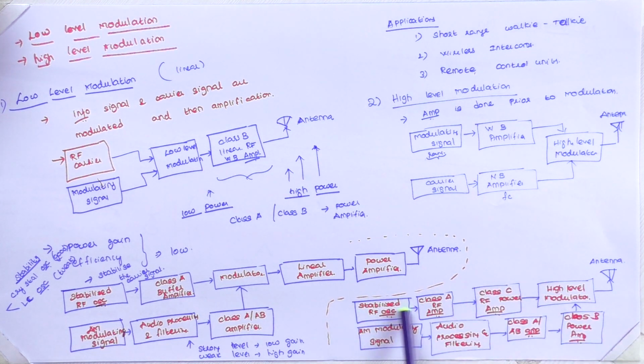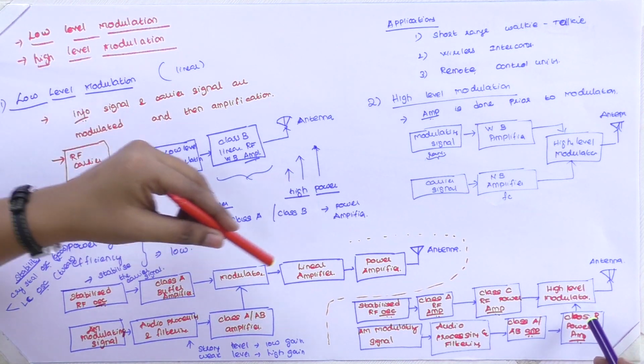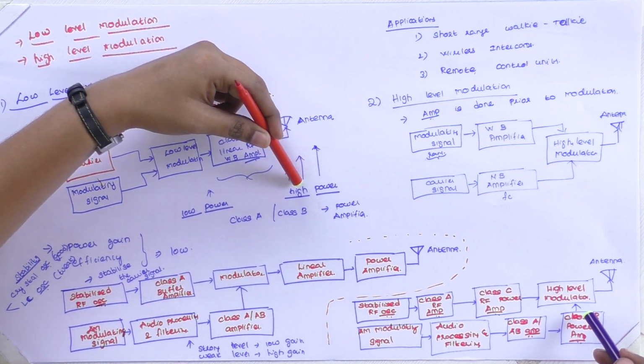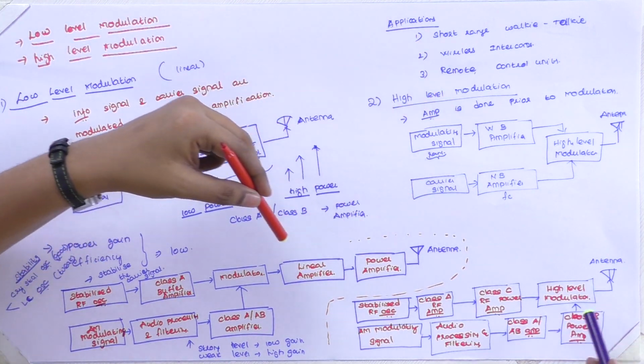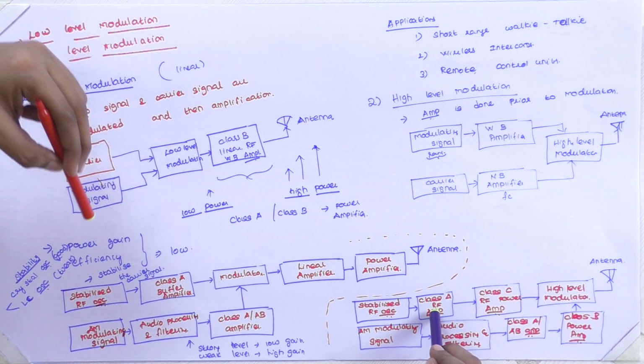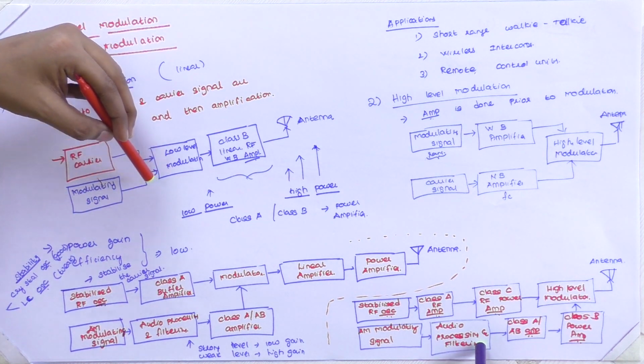Both the stabilized carrier signal and the stabilized modulating signal are amplified to a sufficient level, then fed to the high level modulator. In the previous case, in low level modulation, after the modulation part we used a series of power amplifiers to increase the power level. But in high level modulation, the carrier signal is separately boosted, and the modulating signal is separately boosted.